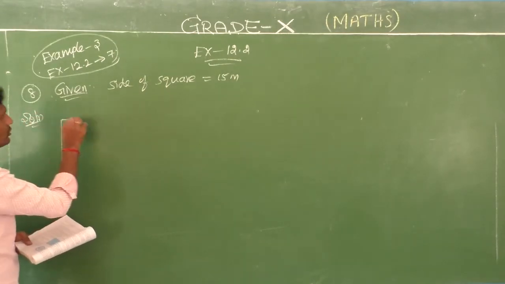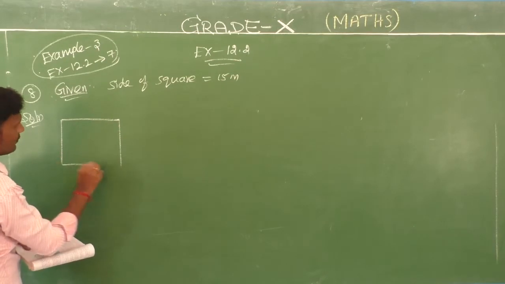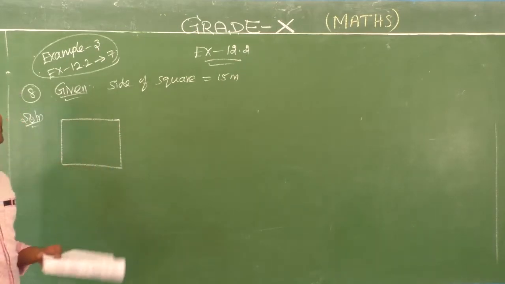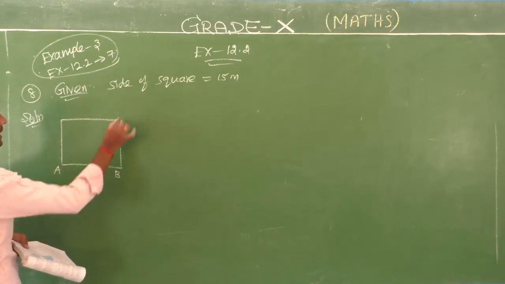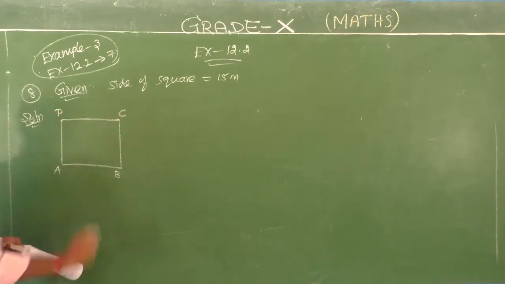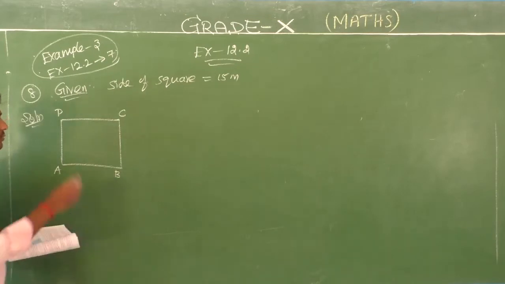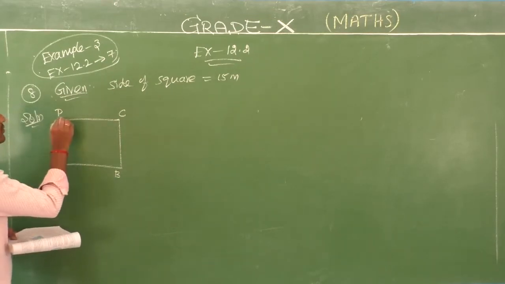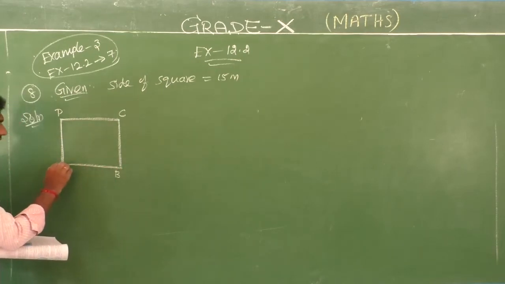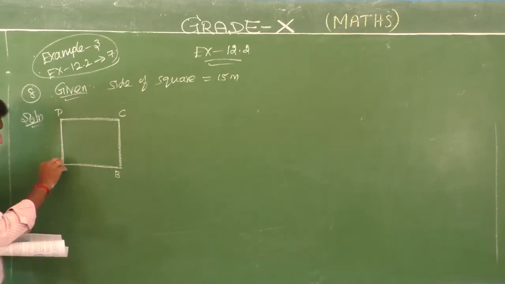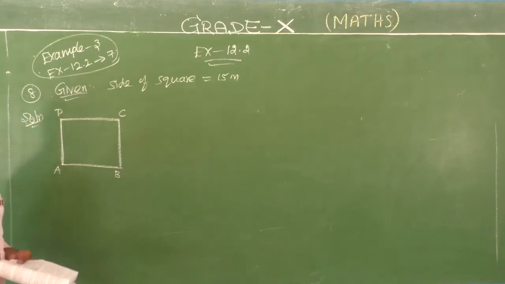So first I am going to draw one square shape. The corners are A, B, C, D. Yes, students. Okay. So in the square-shaped grass field, we are going to tie a rope at any one of the corners.